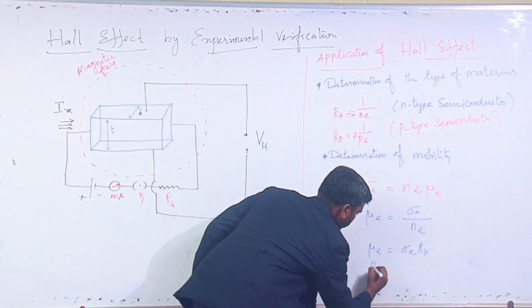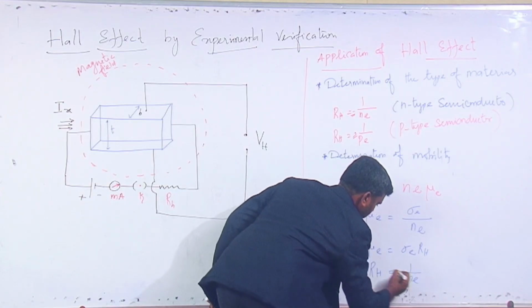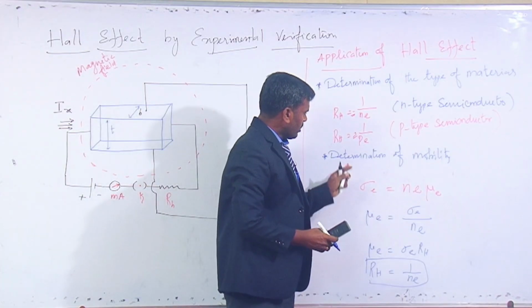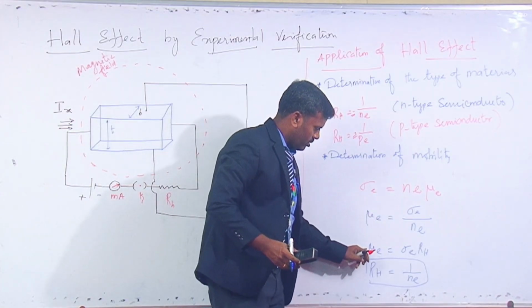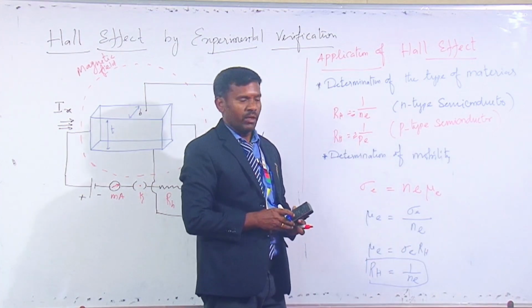Here the value of RH is equal to 1 by Ne. So you can find the mobility of the electrons, mu E is equal to sigma E RH.